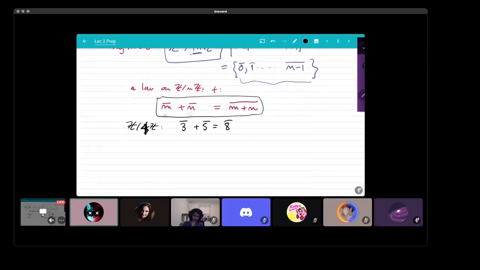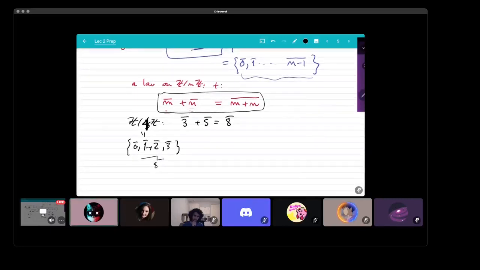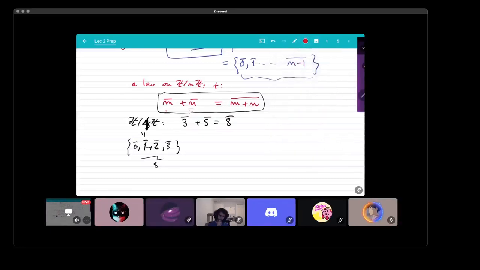But we defined this as only from 0 to 3. But we do not have 8 in here. But actually 8 is itself equivalent to 4, which is equivalent to 0 because it's already in 4Z. This equals 0.